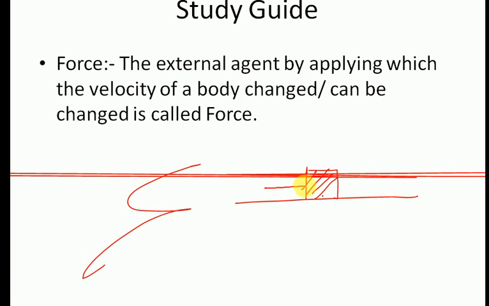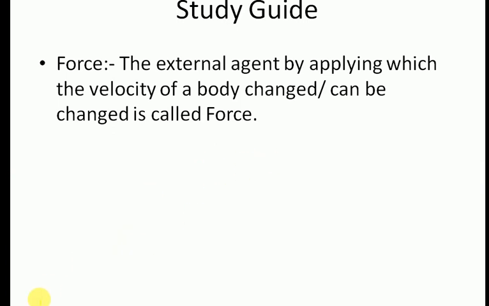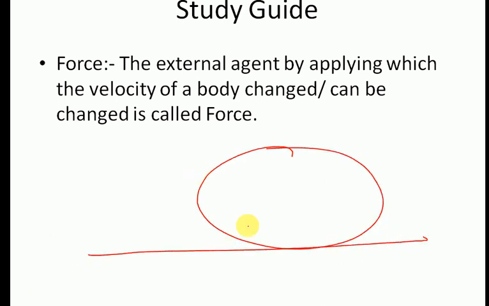If we apply a force, an external agent, by our hand or by our leg, it will be displaced. Now if there is a very big object, like a big stone, we cannot remove it. We are applying the force, but we cannot change the displacement or the velocity. But the force is also acting. So what is the force? Force is the external agent by which, if we apply, the velocity of a body can be changed or cannot be changed. That is the force.